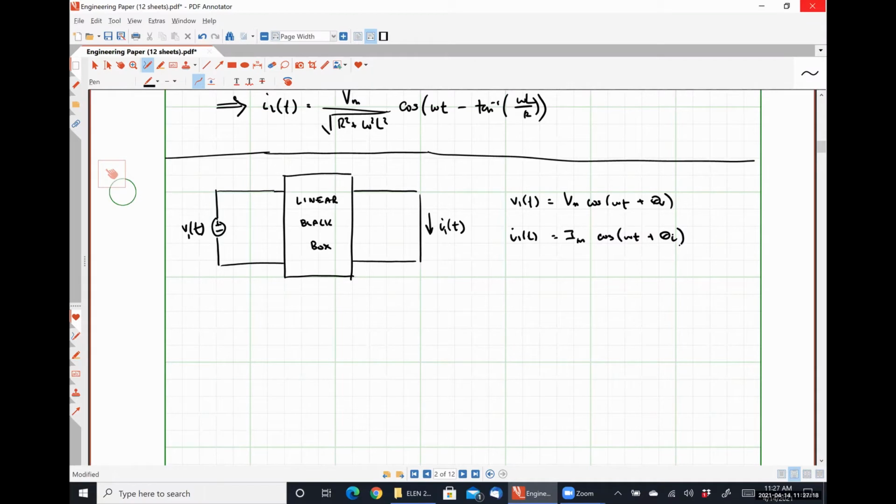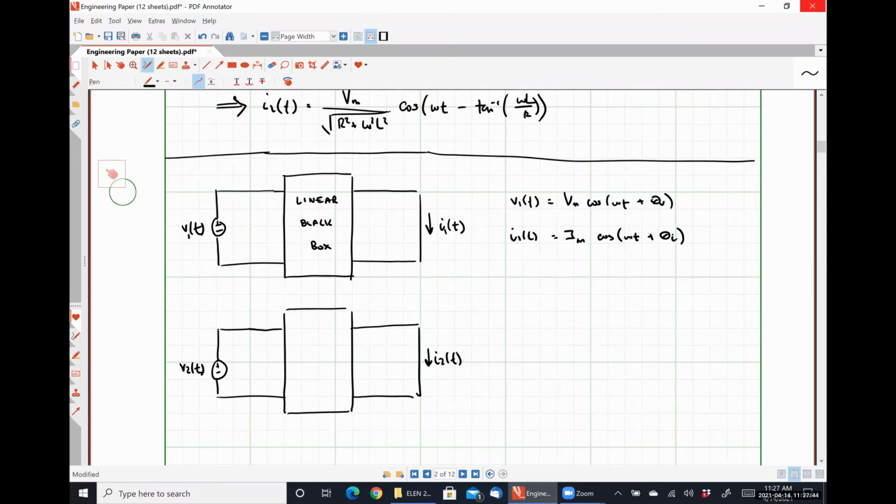Let's say I take the exact same linear black box circuit. And I apply a new signal, V2 of t. And I measure a response, I2 of t.